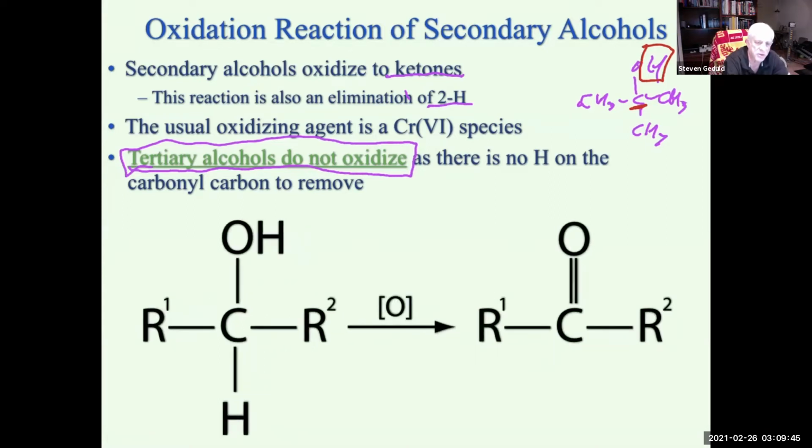All right, so here's our secondary alcohol, because we have two carbons attached. We have one there and we have one there. Okay. So we remove this hydrogen, so its electrons swing to there. And remove another hydrogen that's on the same carbon as the OH group. And these electrons swing up to here.